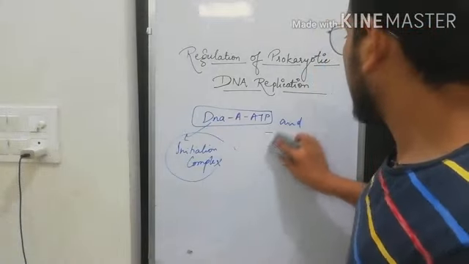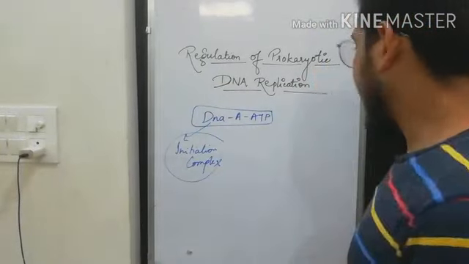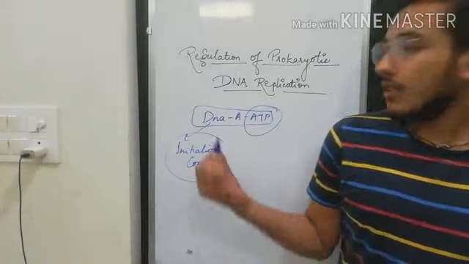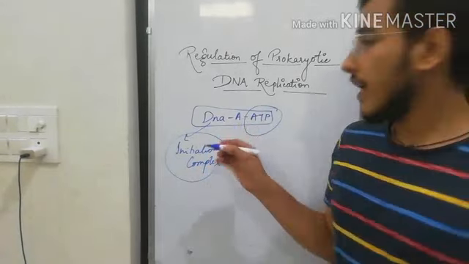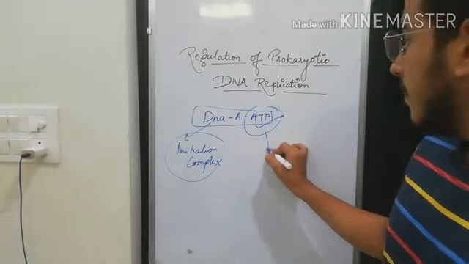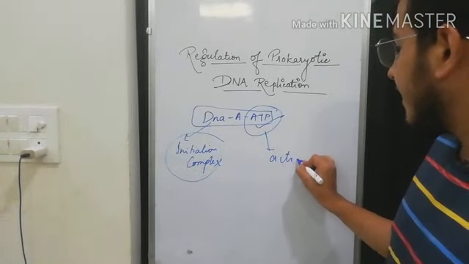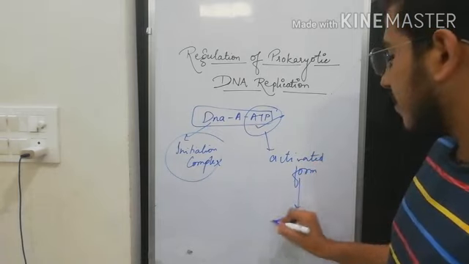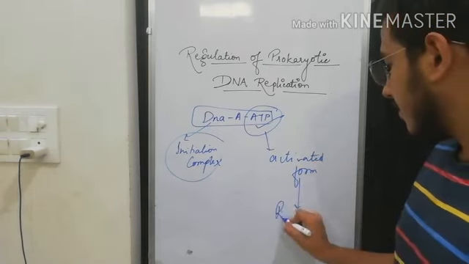So DnaA-ATP, in its adenosine triphosphate form, is the activated form and thus promotes replication.